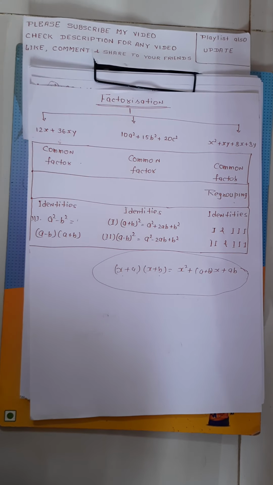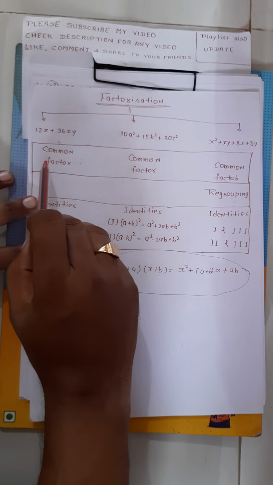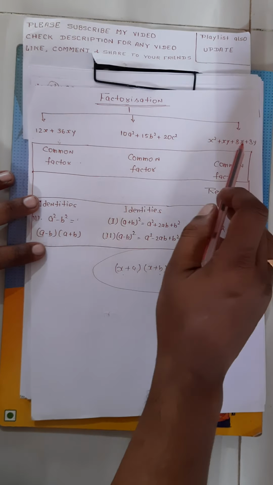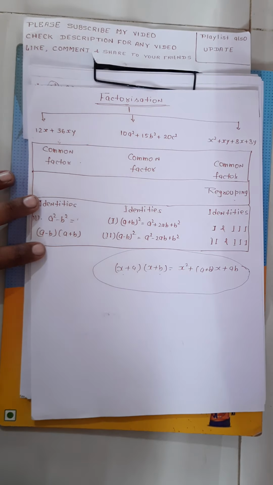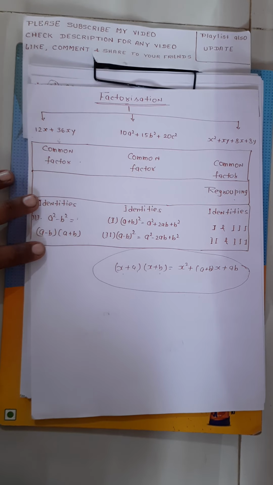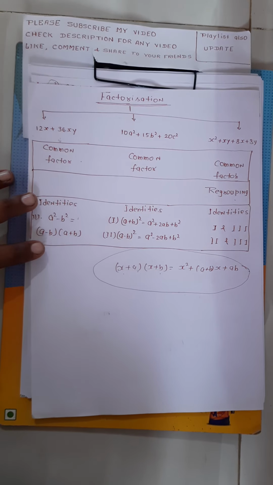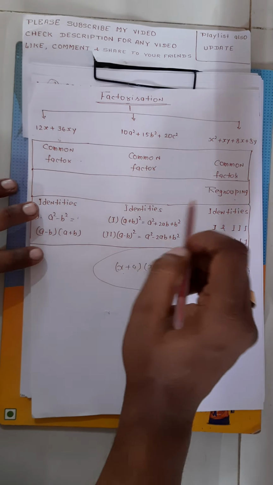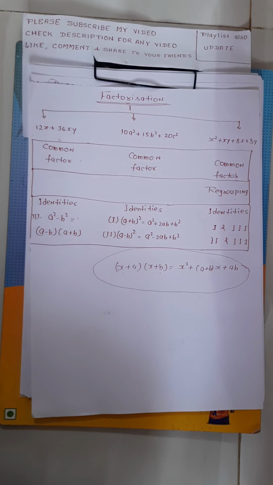Taking out the common factor is common for all expressions: for a two-term expression, a three-term expression, and a four-term expression, and we have already solved questions by the common factor method.